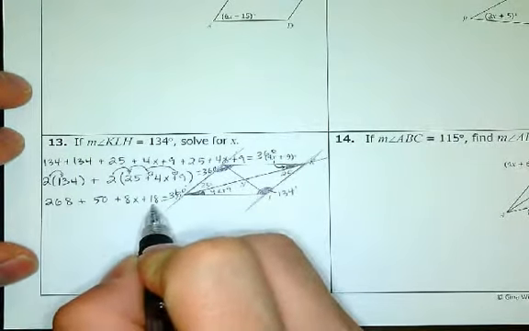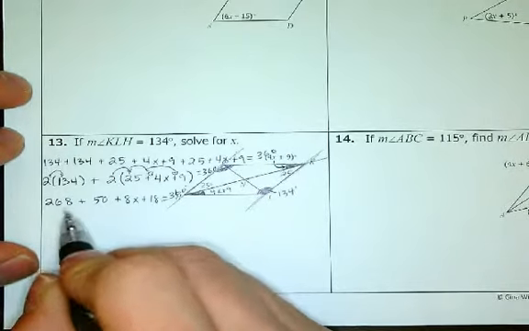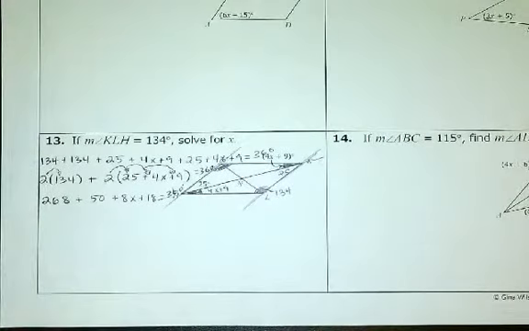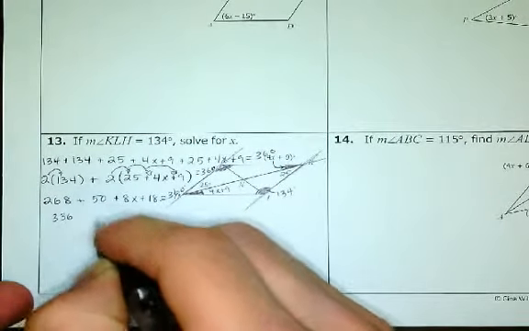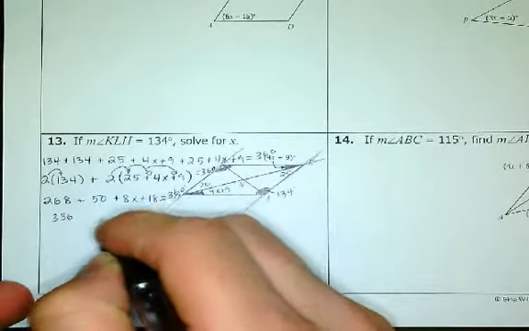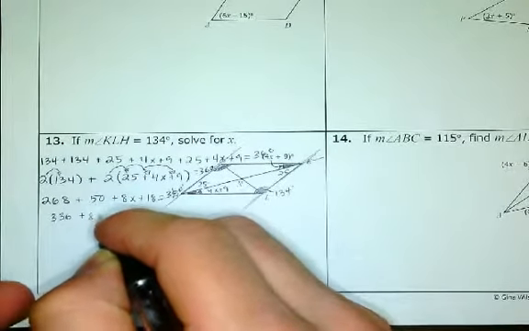Okay, so we got 268 plus 50 plus 18. That's equal to 336. Plus, don't forget about your 8x. Plus 8x equals 360.